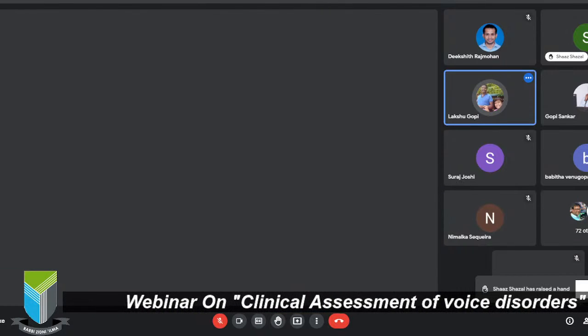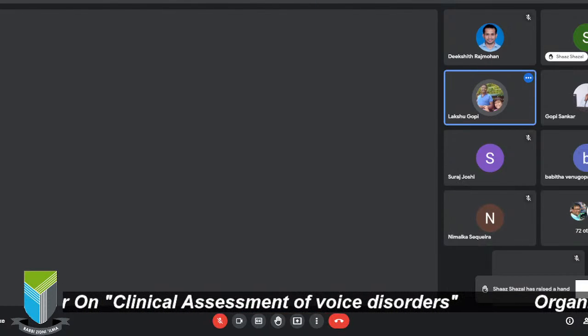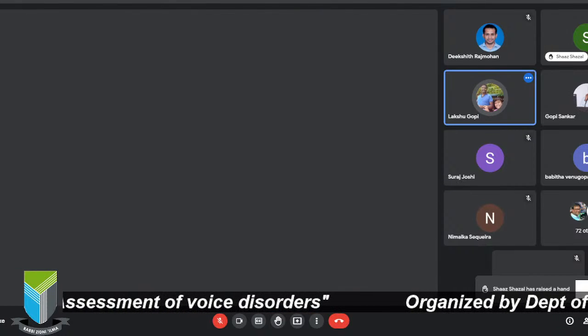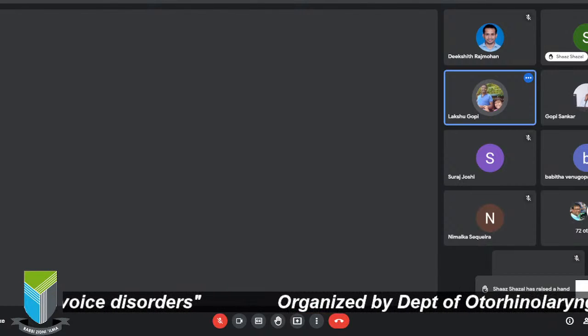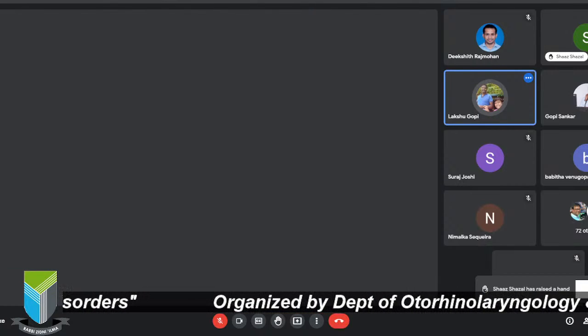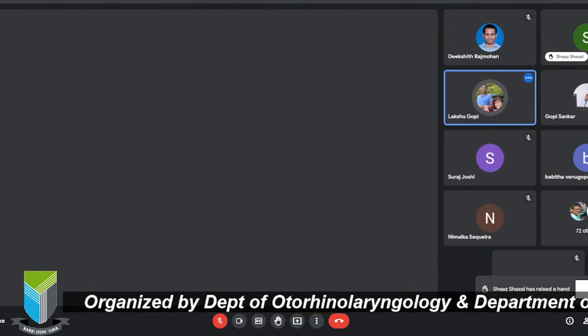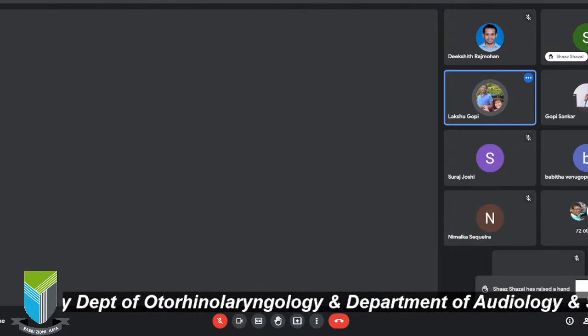So any acoustic analysis we do, we need to have normative data of different populations, different regions, which is required. It's not that if different countries developed a software and they have their own data, it can be compared to our data, because it depends on their height, weight, ethnicity, and the kind of languages they speak.